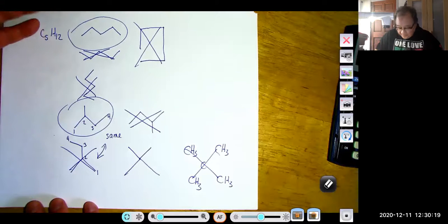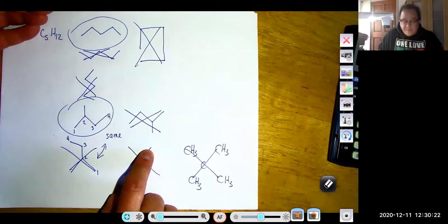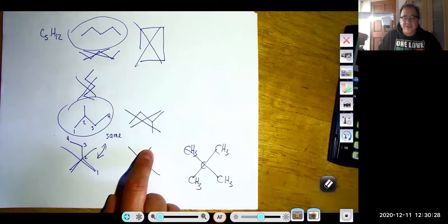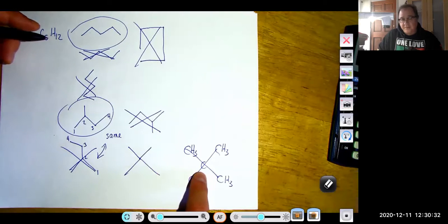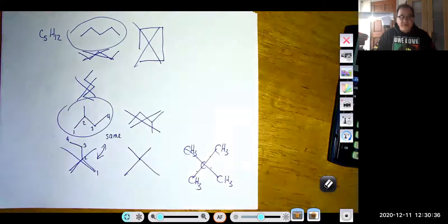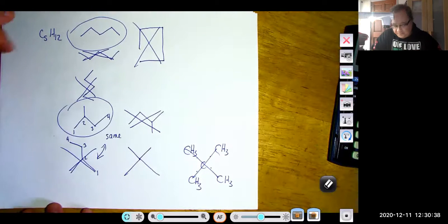Because the rule is in the line drawing, if there's a carbon atom, and it doesn't have 4 bonds, you add singly bonded hydrogens until you get to 4. How many hydrogens on this middle carbon? Well, it has 1, 2, 3, 4 bonds, so we don't put any hydrogens on it.